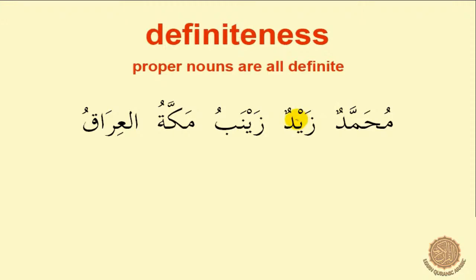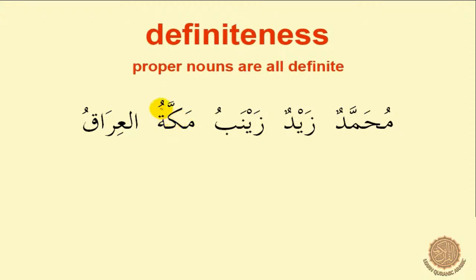So with proper nouns, a Tanwin does not indicate indefiniteness. That's a rule there. Then we have the name Zainabu. Notice here, there's only one Dhamma. There's no Tanwin. Now the question is, why doesn't it have Tanwin? That's because feminine names actually don't take a Tanwin. They only have one Dhamma. And similarly with the name Mecca, the holy city of Mecca, it's actually a feminine name.